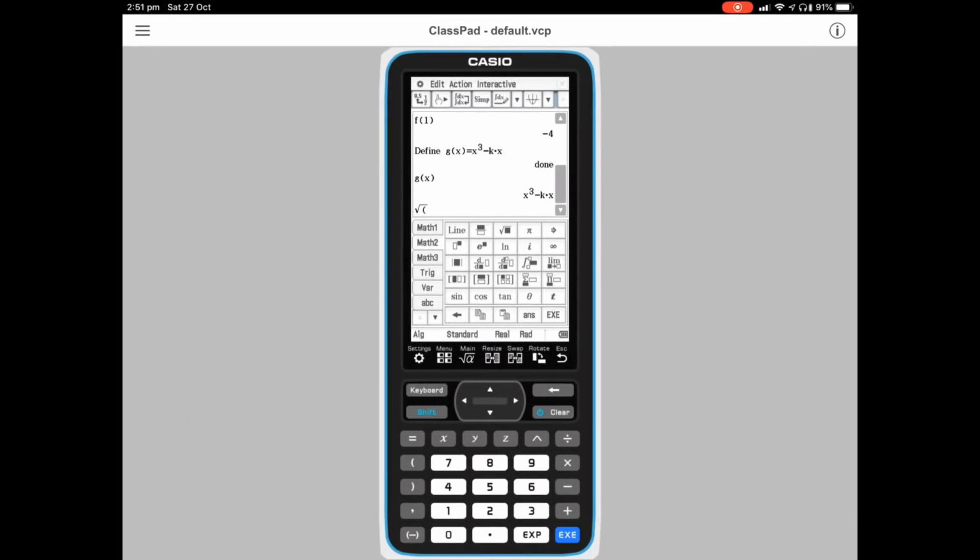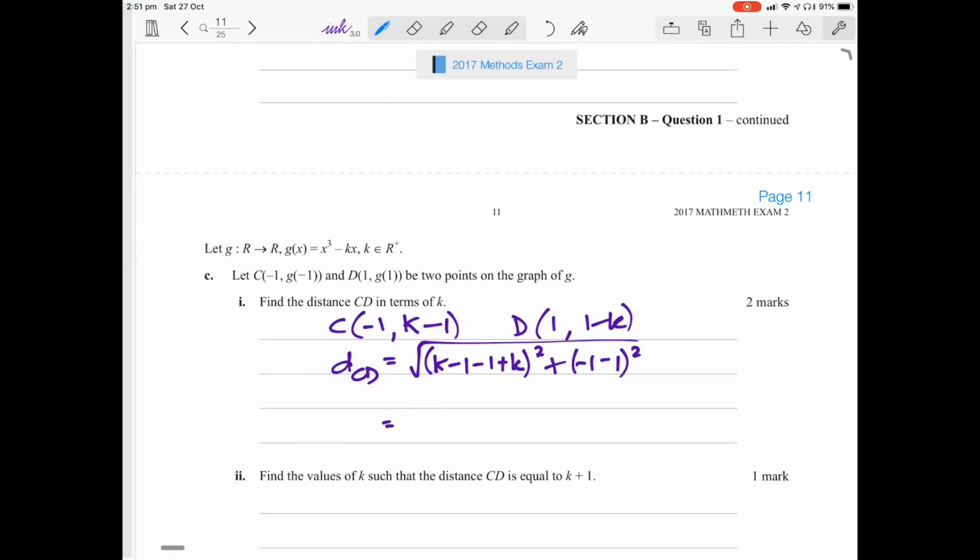So we'll say f of negative 1 minus f of 1 squared plus negative 1 minus 1 squared. That's supposed to be a g. Simplify. 2 root k squared minus 2k plus 2.